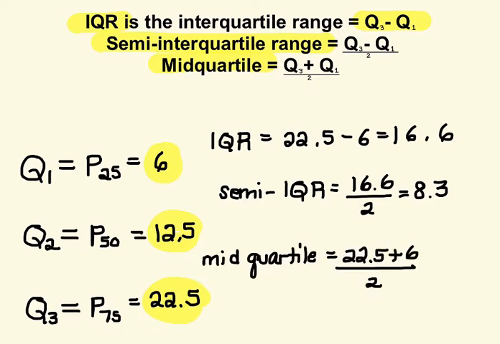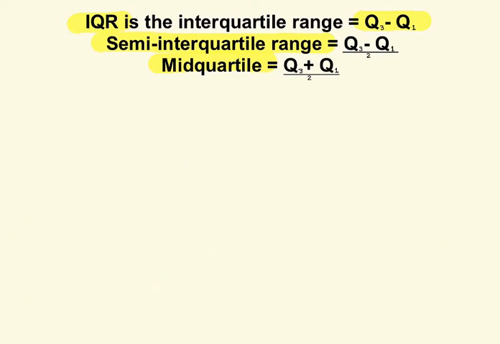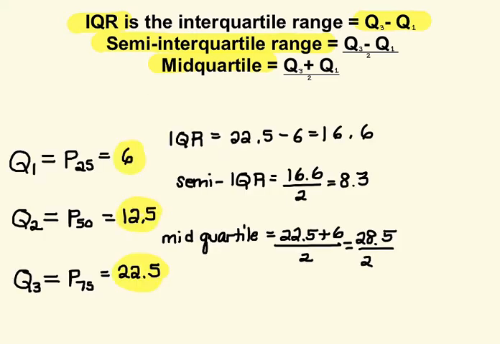This is equal to 28.5 divided by 2. I'm going to shrink this entire thing down a little bit because I'm filling up the page, so I can have room for this last calculation. 2 goes into 2 once, 2 goes into 8 4 times, 2 goes into 5 2 times with 1 left over, so 0.5 there, 14.25.